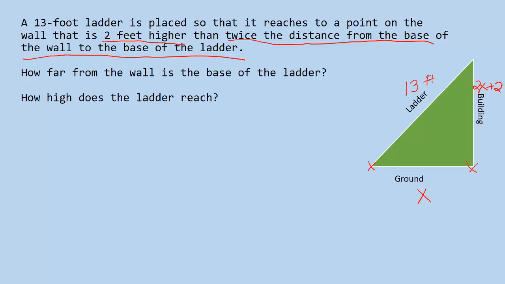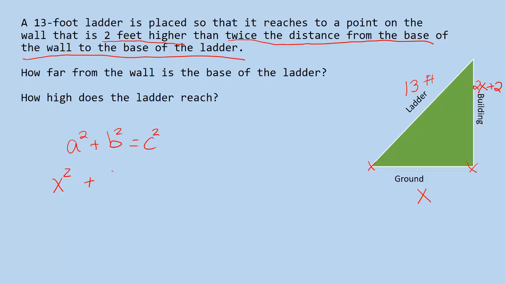Once I have the information on my drawing, I can then fall back to my Pythagorean Theorem, which says if I take a squared, which is a leg, plus b squared, is going to equal c squared, the hypotenuse. So in my particular example, my ground is x, so I'm going to call that x squared.